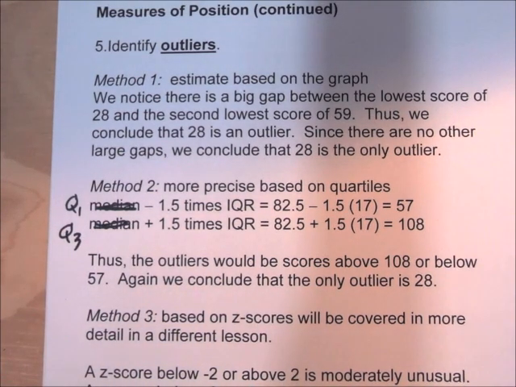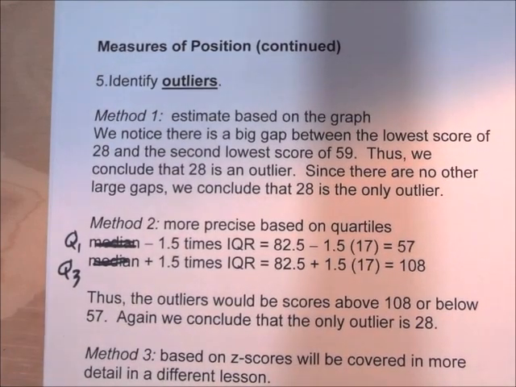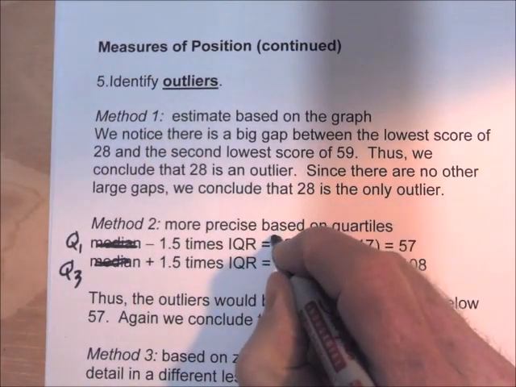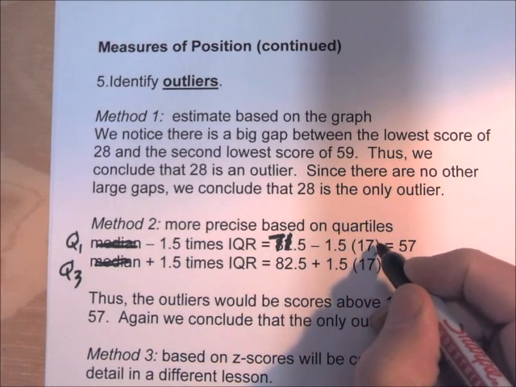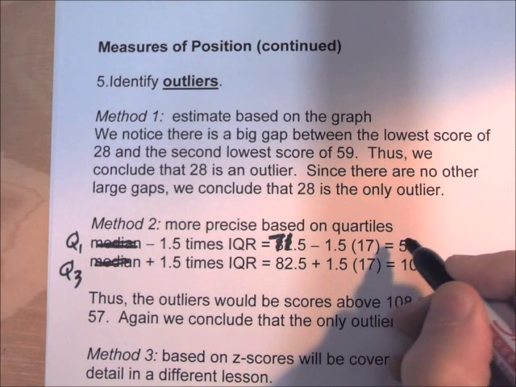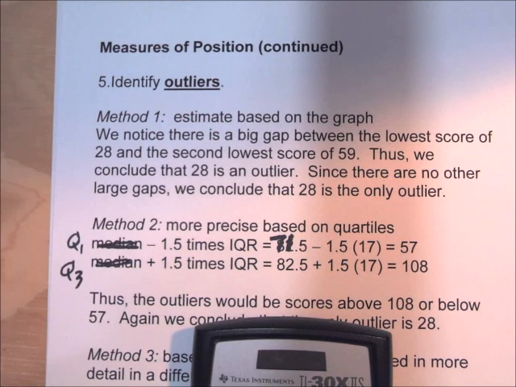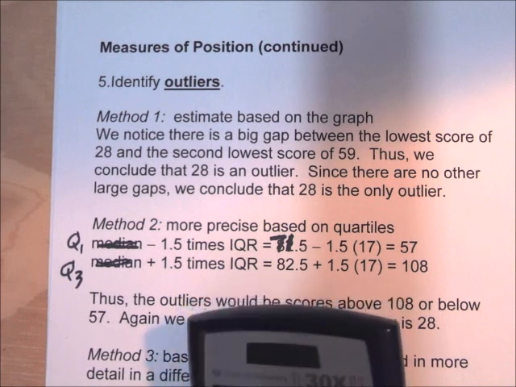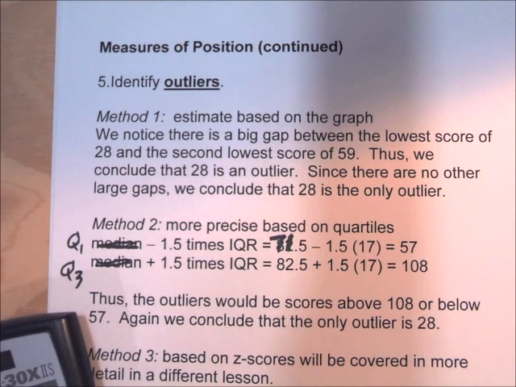So Q1 is 71.5 minus 1.5 times the interquartile range we just computed, which was 17. So 71.5 minus 1.5 times 17, I get 46.